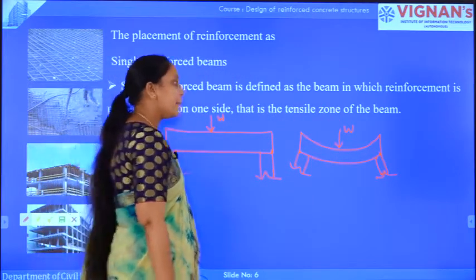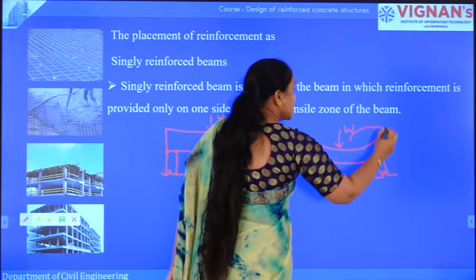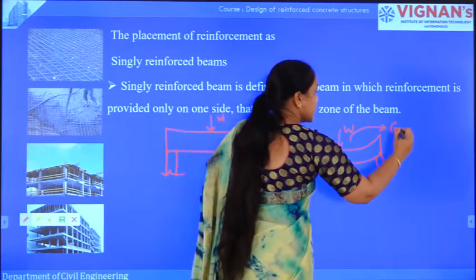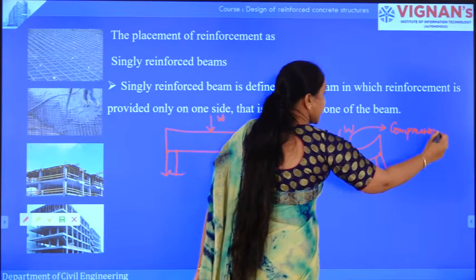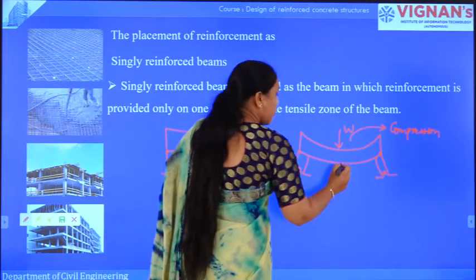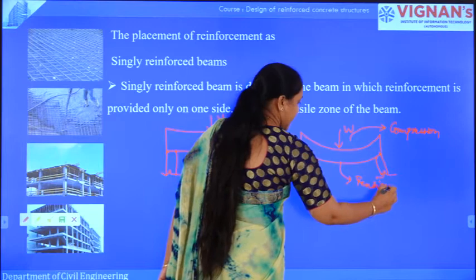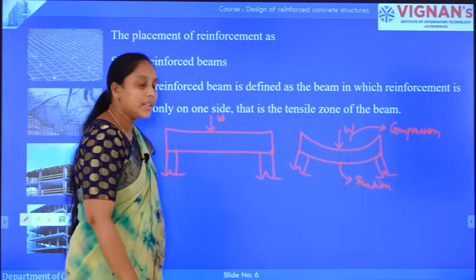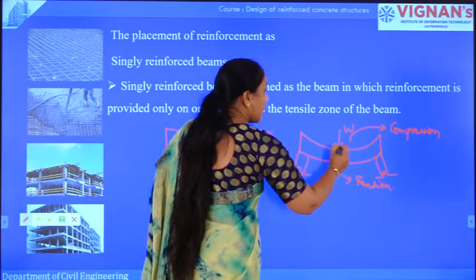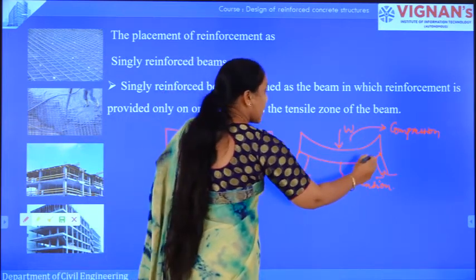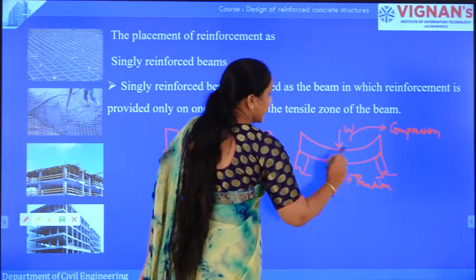So, what is happening here? As the beam is bending, the topmost part of the beam is under compression, that is, you can see it is being compressed, and the bottommost part of the beam is under tension.